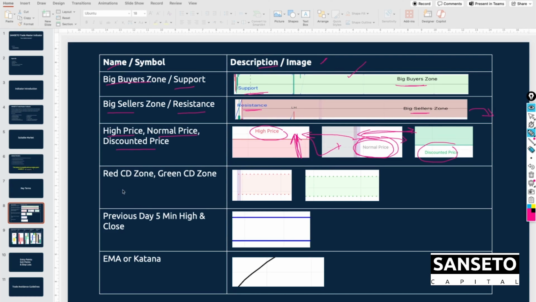Next one, red CD zone and green CD zone. This CD zone is like an ADR zone. If it is red, this is a resistance. If it is green, this is a support. Our entire indicator is built based on support and resistance only, but different types of support and resistance.